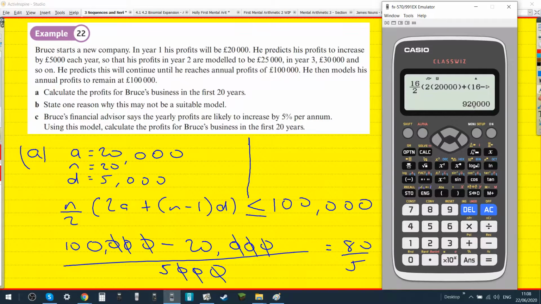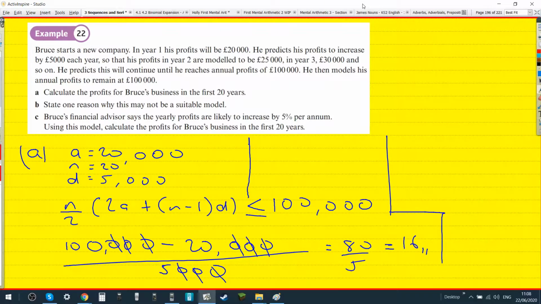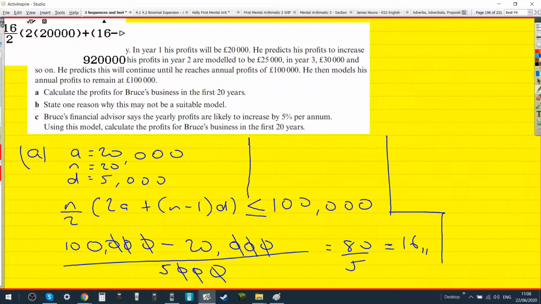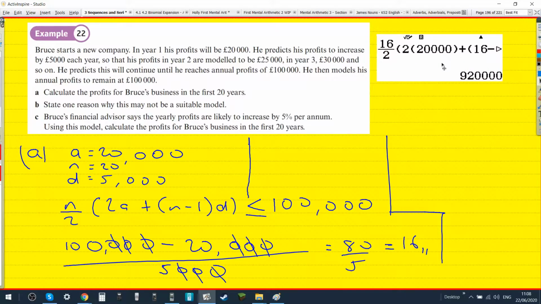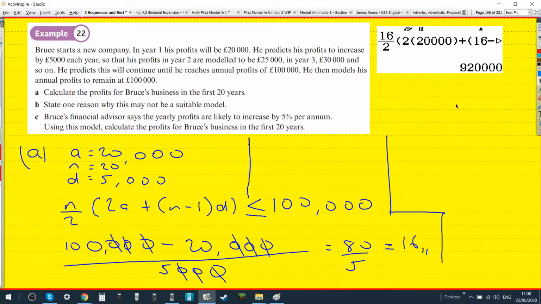Okay, so I got 920,000. And then you just do 4 more years at 100,000 each. So do I just have to times that by 4?